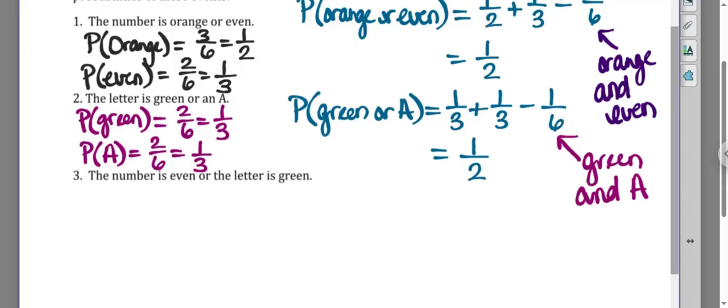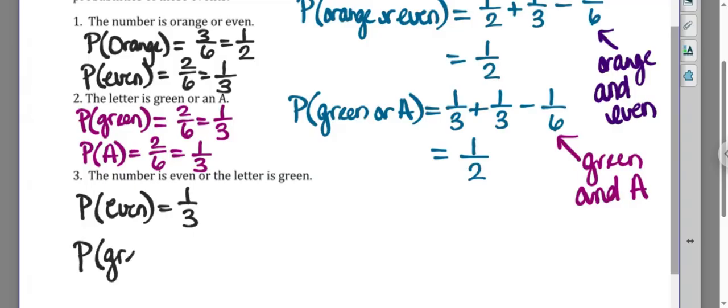Which is half. So the probability that the number is even, we already have, is 1/3. The probability that the letter is green, we also have, which is 1/3.